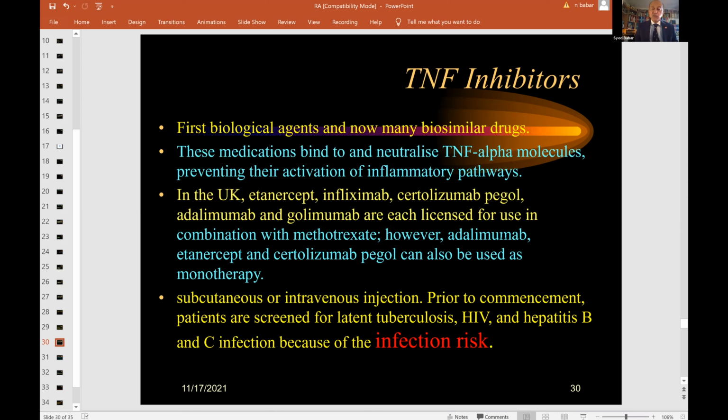But adalimumab, which is Humira, etanercept, and certolizumab pegol, can be used as monotherapy. These are usually subcutaneous or intravenous injections in the form of infusion with saline. And because they can activate latent and dormant infections, patients are screened for TB, HIV, hepatitis B and C. They do increase the infection risk.